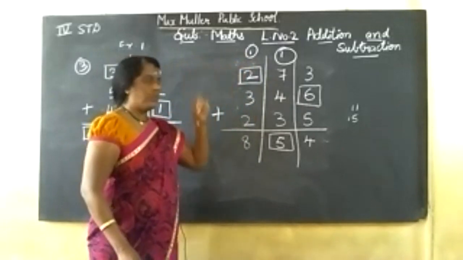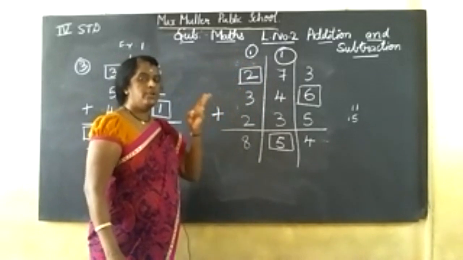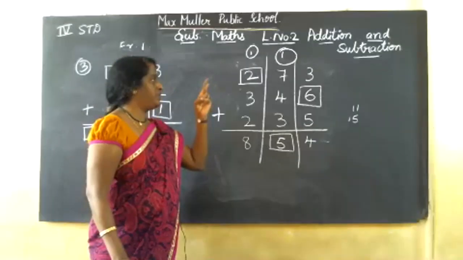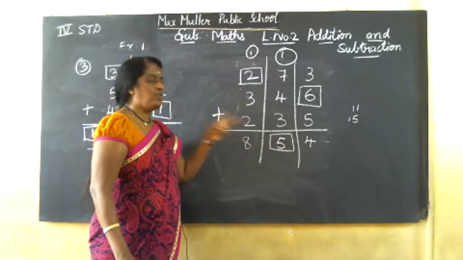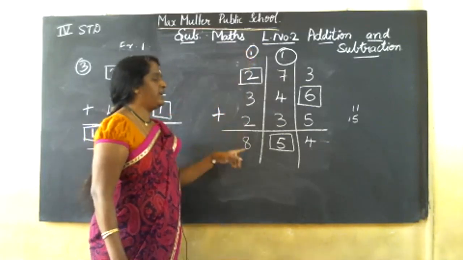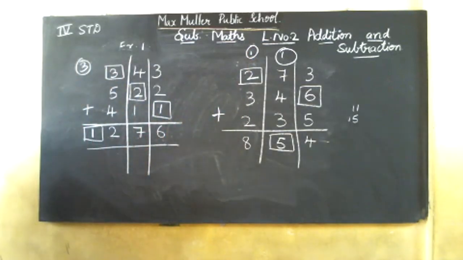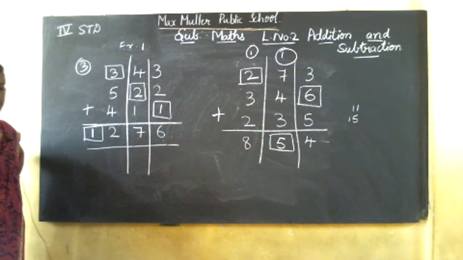The answer you got is 2. See, 2 in the mind, 3 on my finger. After 2, 3, 4, 5. 5 in the mind, 2 on my finger. After 5, 6, 7, plus 1, 8. So you should do like this, children. Copy down this number in the boxes.